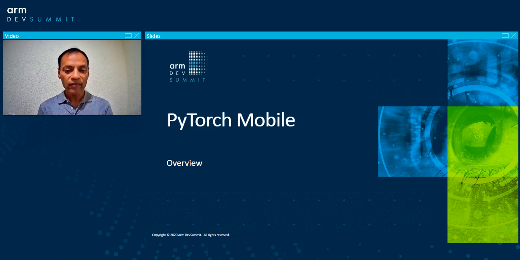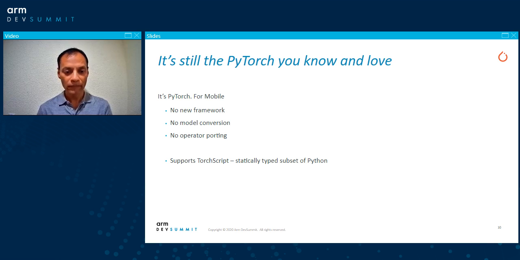Next, I would like to give an overview of the PyTorch Mobile framework. Many people ask us what is PyTorch Mobile and if it is a separate framework from the core PyTorch. The quick answer is no. It's still the PyTorch you know and love.